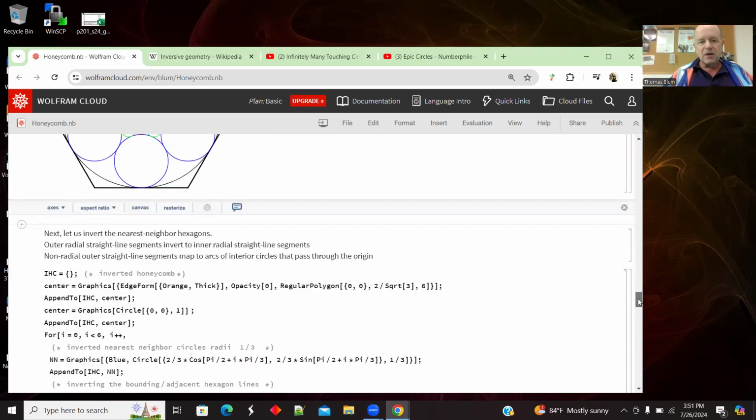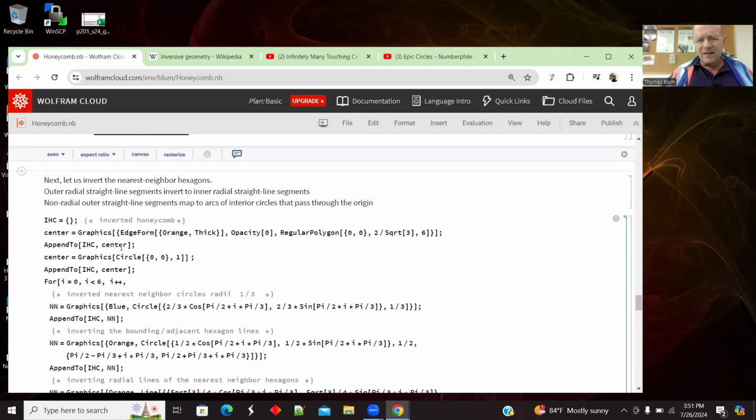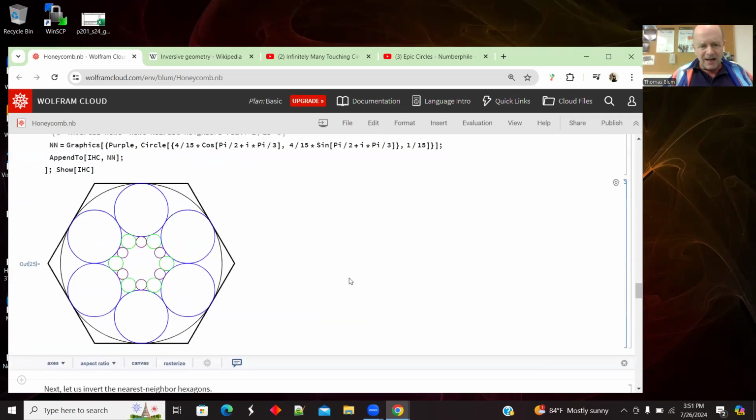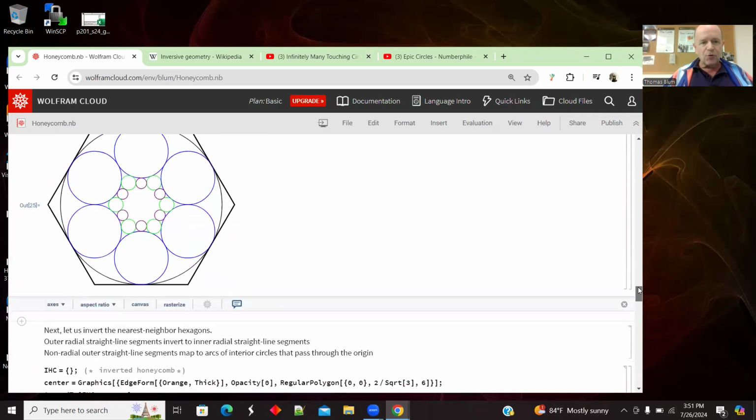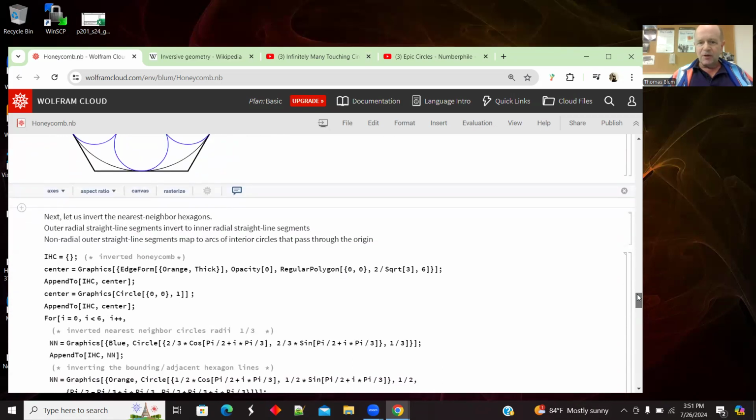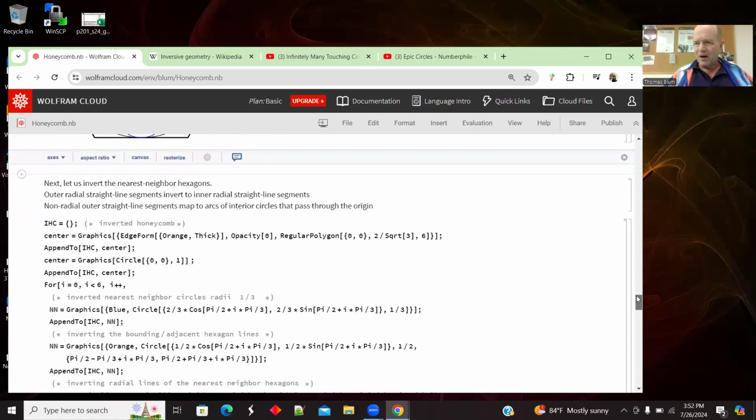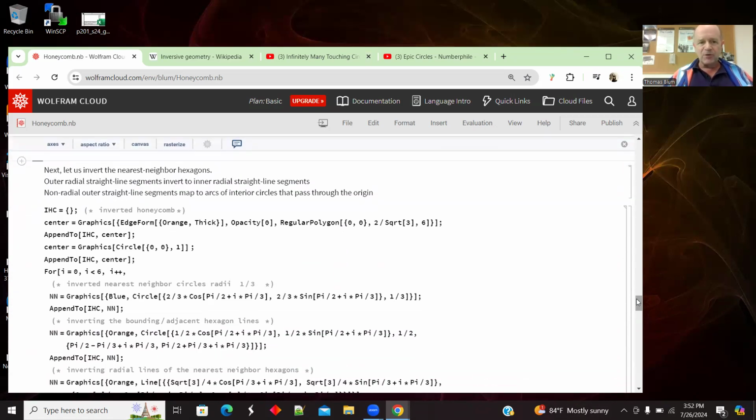So if I extended these line segments, the inverted line would be a circle that went through the origin of the circle of inversion. So that gives me a good hint as to where I want them to be.